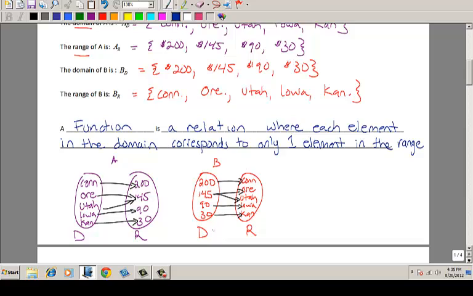Let's look at relation B. Relation B is not a function. Relation B is not a function because the input value or the domain value of $145 corresponds with two separate range or output values. $145 corresponds to both the state of Oregon and the state of Utah.